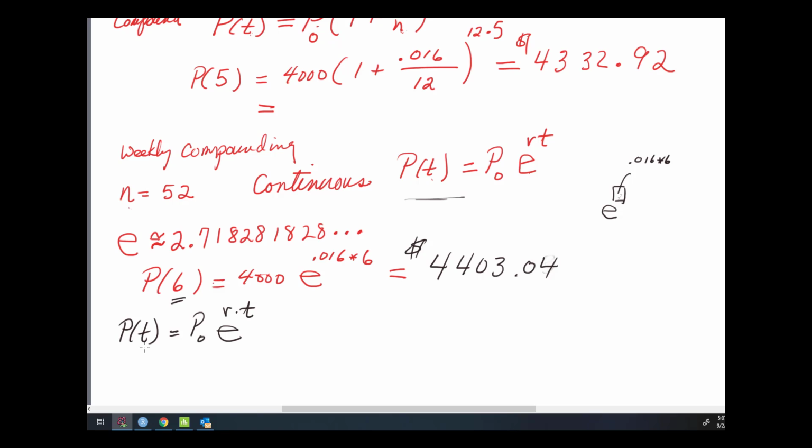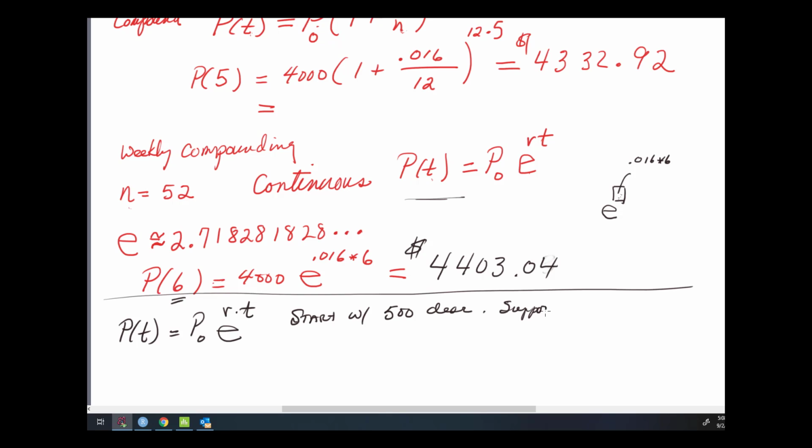Now very often, and let's think about deer on an island, I might want to know something like this. Suppose we start with 500 deer, but we know that the island will support only 600 deer.